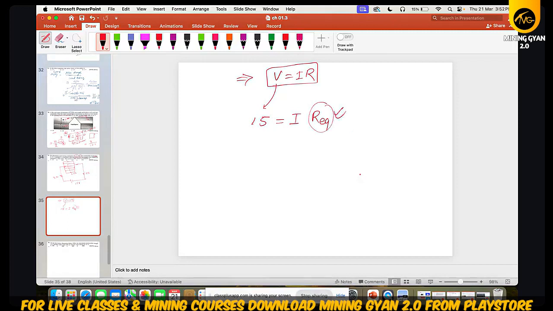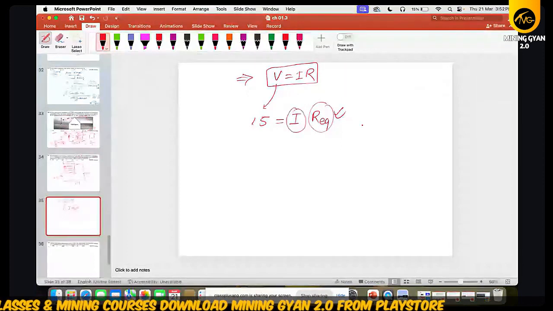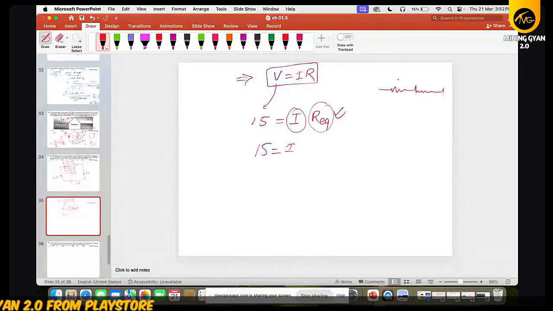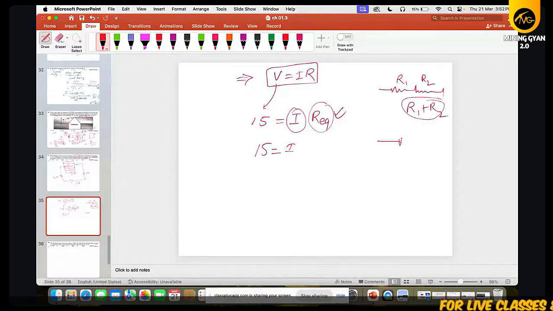If we can find out R equivalent then we get our I. If they are in series R1 R2 then it will be added.